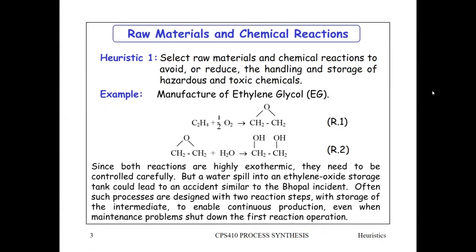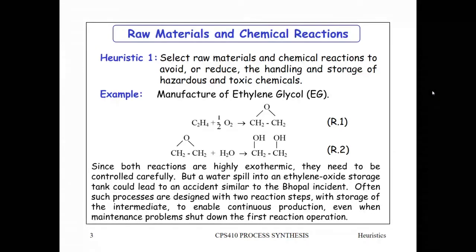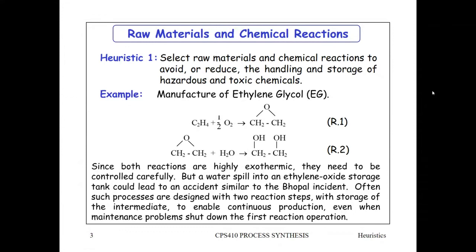So often such processes are designed with two reaction steps, with the storage of the intermediate to enable continuous production, even when maintenance problems shut down the first reaction operation. So if you've got a complex, long process without any storage in between, any breakdown in your equipment will cause the entire process to stop.